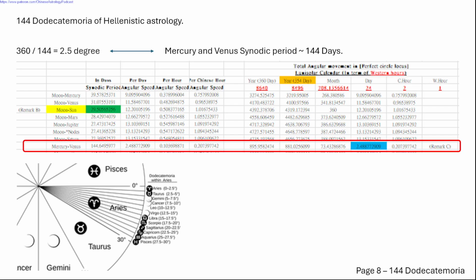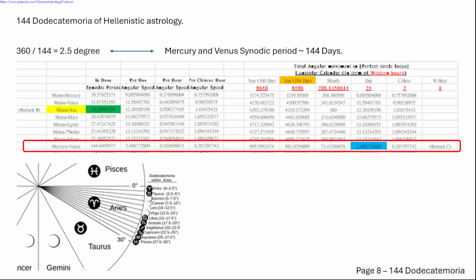So we go back to the mathematics and physics side. The synodic periods of Mercury and Venus provide an average of around 144.6 days, which can fit variations of 144, the dodecatemoria, which divides the 12 sidereal signs into minimum sidereal sizes. And why they can divide this, I think there is not much literature about it.